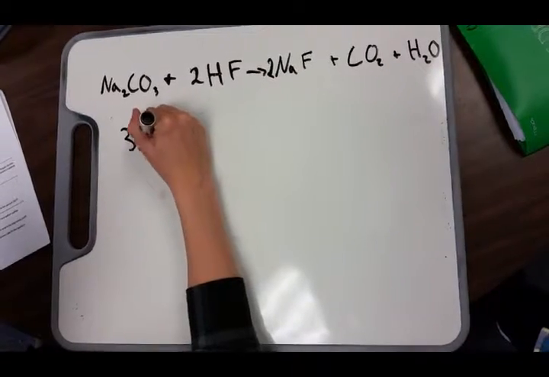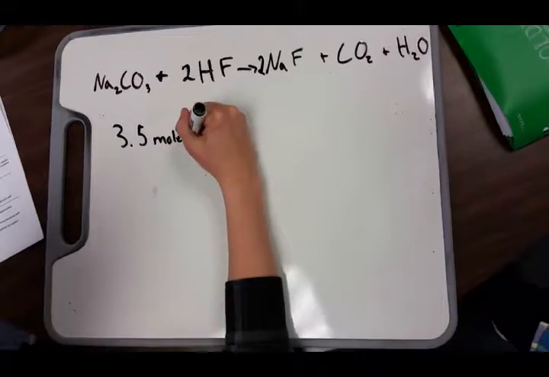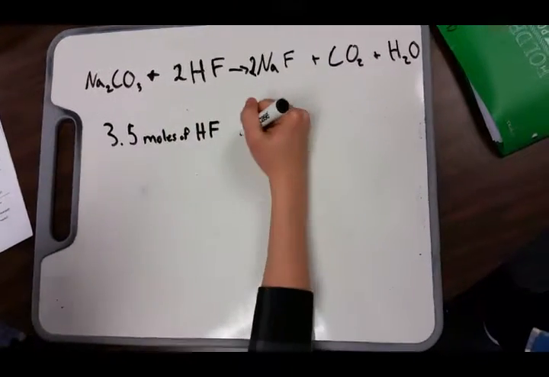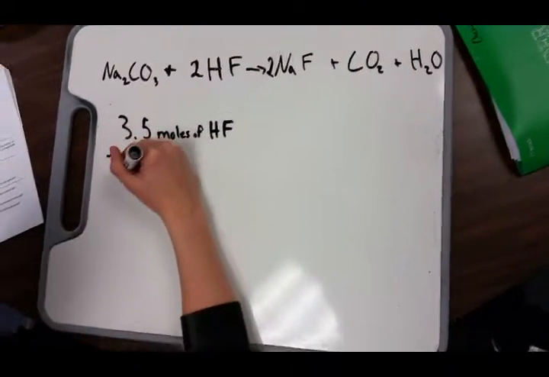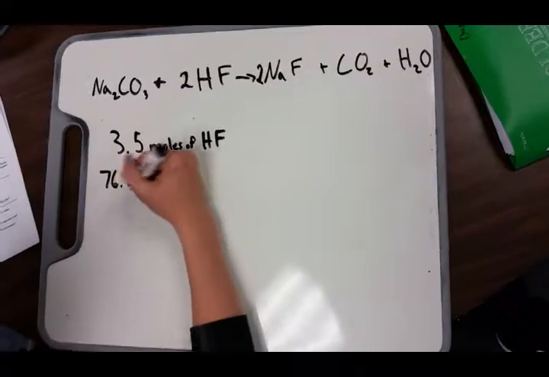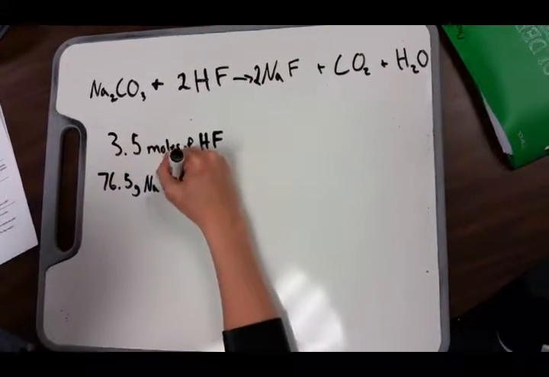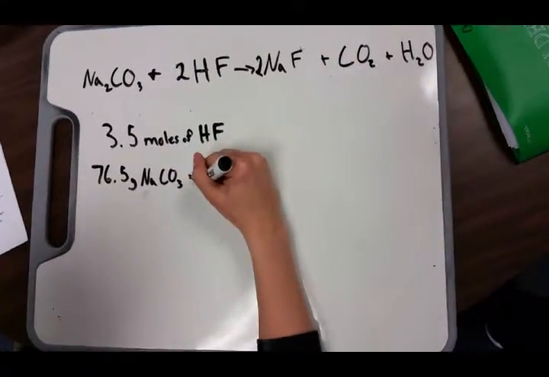The next step we want to take is answering part B, which is: if 3.5 moles of hydrofluoric acid react with 76.5 grams of sodium carbonate, how many moles of sodium fluoride is produced? So first we want to convert the 76.5 grams of sodium carbonate into moles.